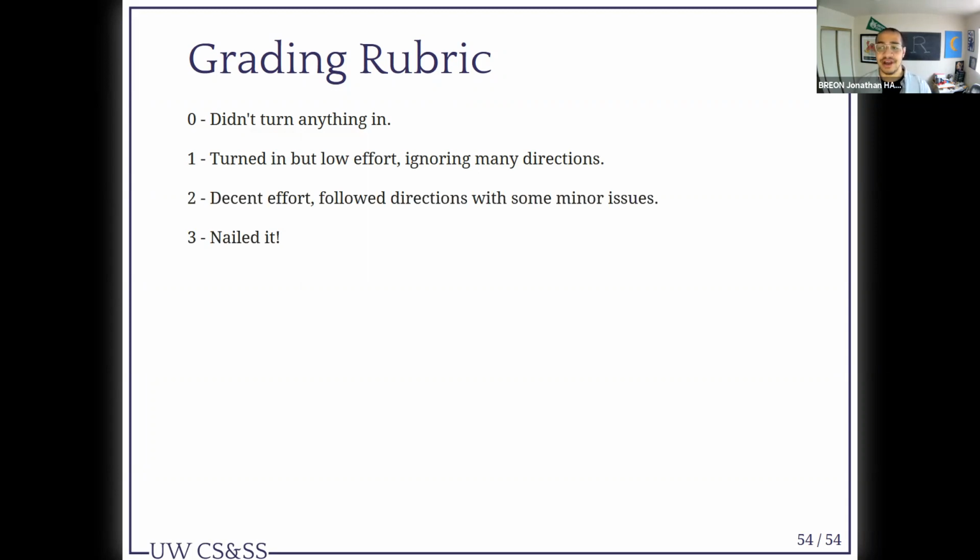It was very low effort. It ignored many, many directions. 2 is a decent effort. They followed the directions, but there are some minor issues. And 3, they absolutely nailed it. If you'd like more explanation of these things in the grading rubric, they are available on the course website.